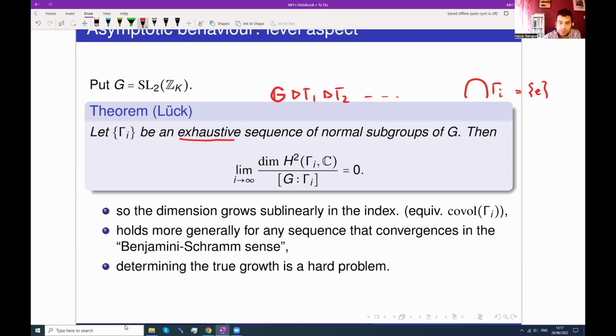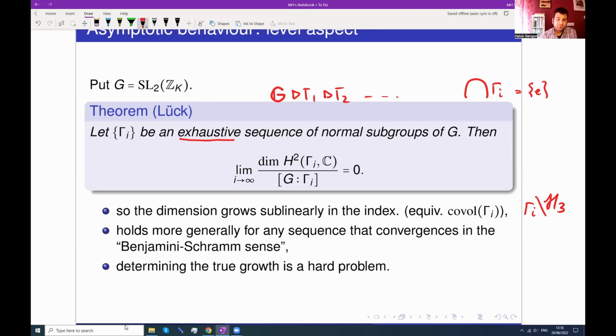That's what you can say. This is Lück's famous result. Again, for the denominator, as I said, the index grows the same as the covolume of the associated hyperbolic threefold. So some people put here the volume of Gamma i quotient H3. It's the same thing, right?